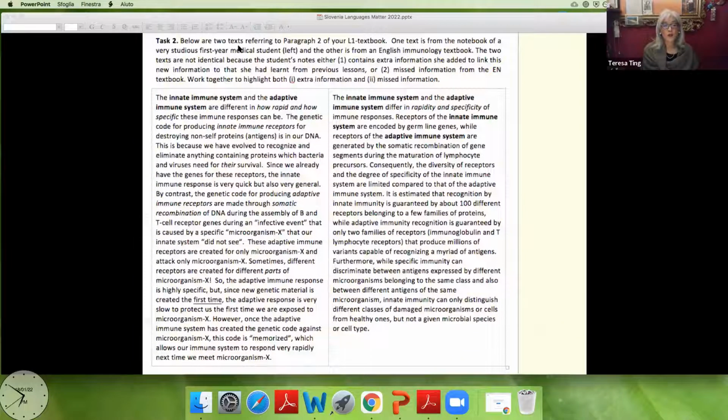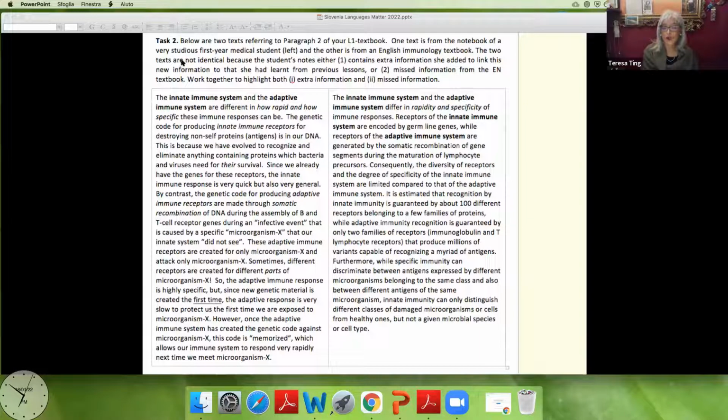Below are 2 texts referring to paragraph 2 of your L1 textbook. One text is from the notebook of a very studious first-year student on the left, and the other is from an English immunology textbook. Okay, so of course, here we're doing BICS, and here we're doing CALP in English.